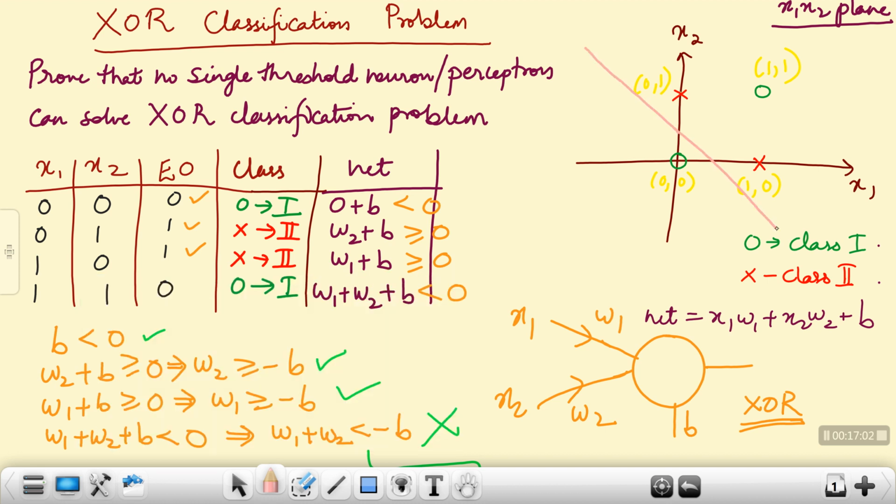Somewhere here, this particular value is say 0.5, and this value here will be 0.5.